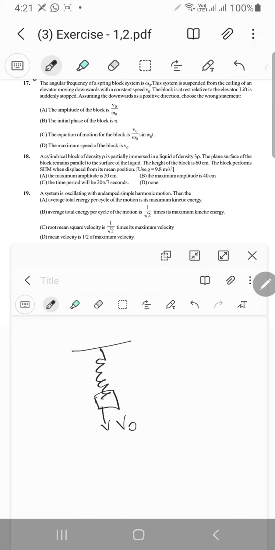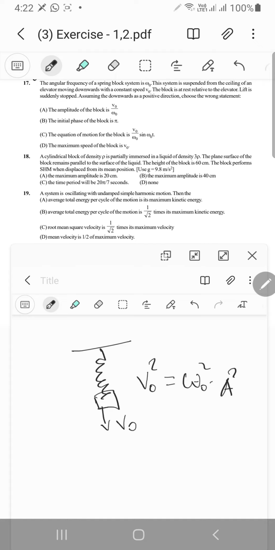The amplitude of the block is v naught upon omega naught. Well, v naught is the maximum velocity, so v naught squared equals omega naught squared times amplitude squared. So yes, v naught upon omega naught is in fact the amplitude, but we have to choose a wrong statement.